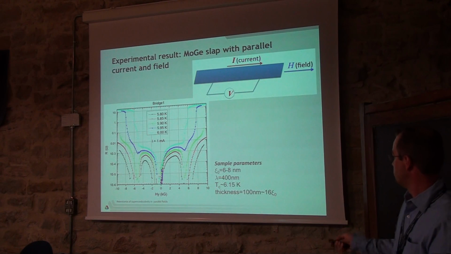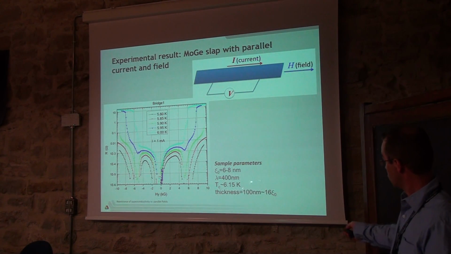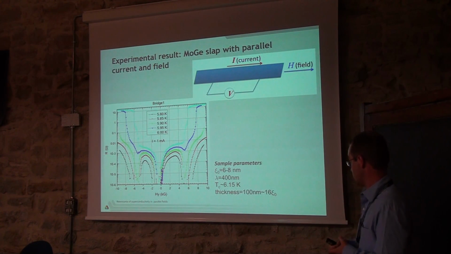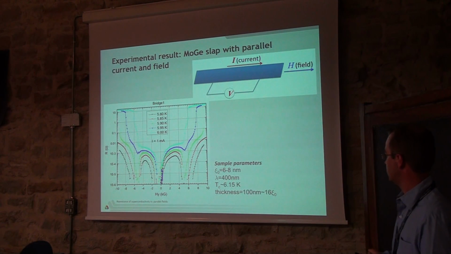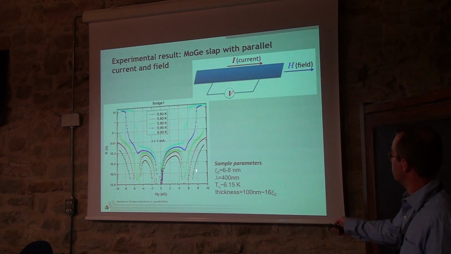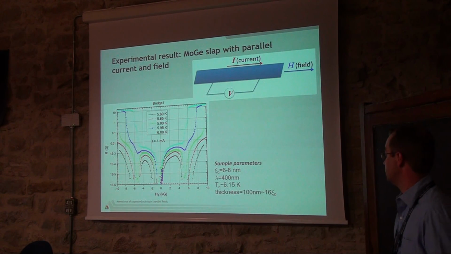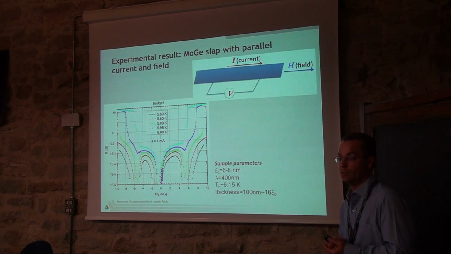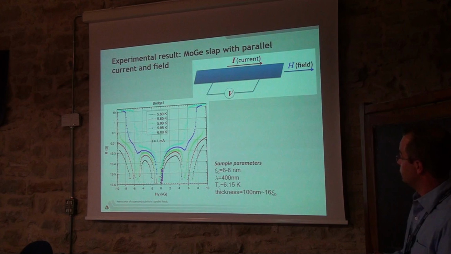When you consider the zero temperature coherence length of roughly 6 nanometers, this corresponds to a thickness of 16 zero temperature coherence lengths. The critical temperature is about 6 Kelvin here, and the penetration depth is 400 nanometers. So you see that the ratio of these two validates our large lambda approximation here.